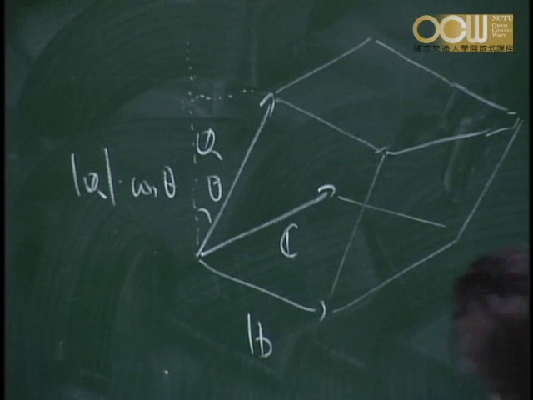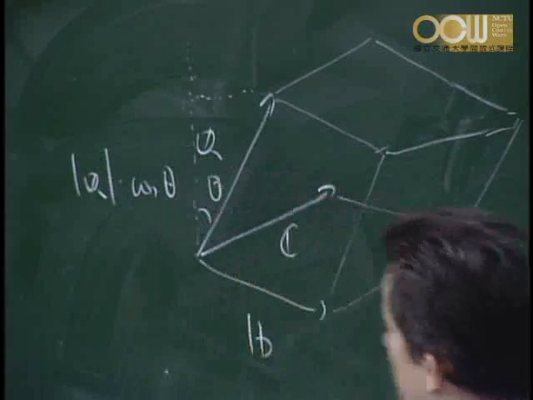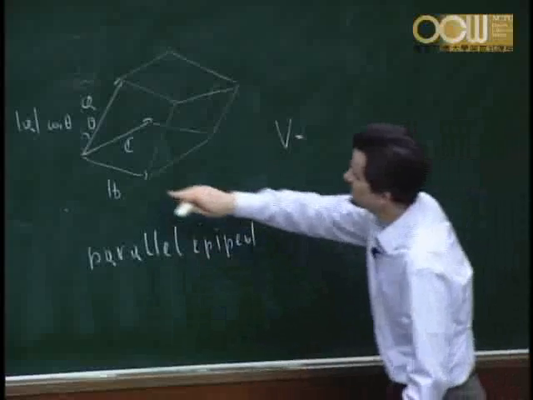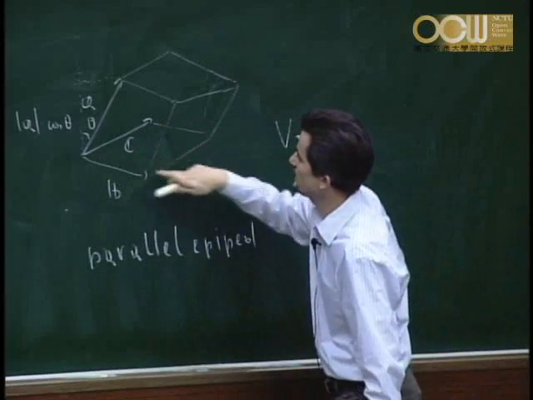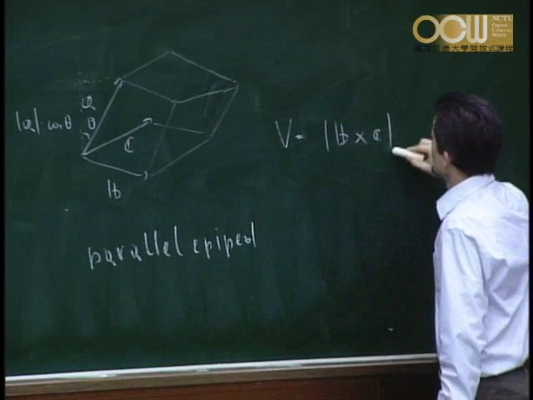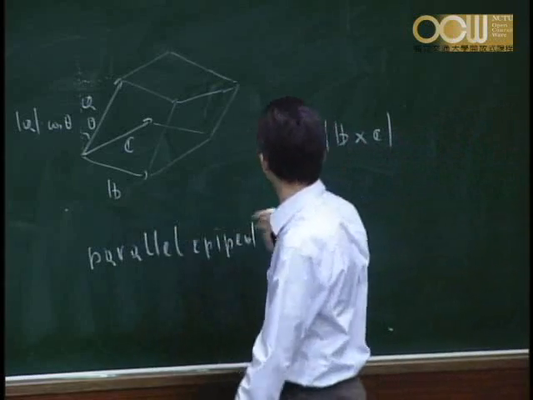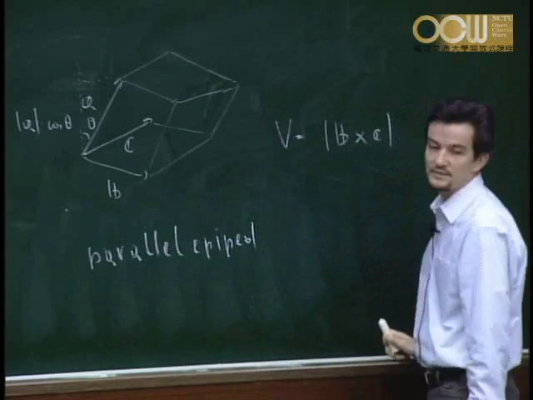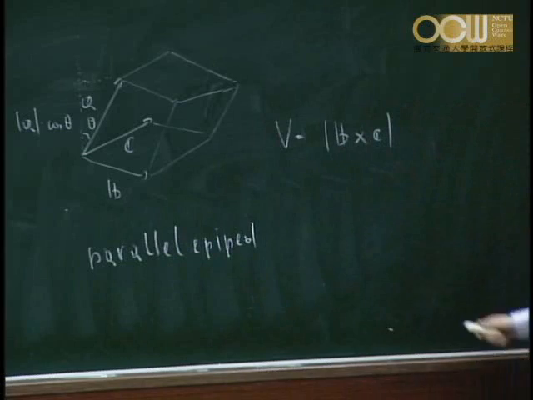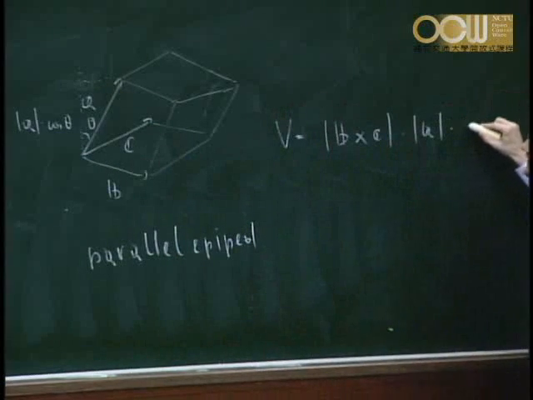You compute the area of the parallelogram spanned by B and C multiplied with the height. This area we know already is the length of the vector product of B and C, and then you multiply it with the height, which is given by the length of A times the cosine of theta.